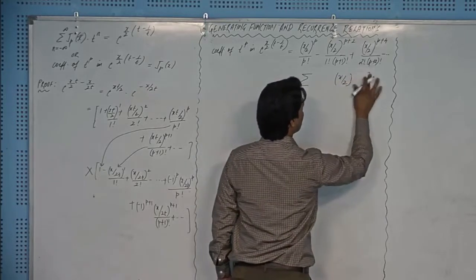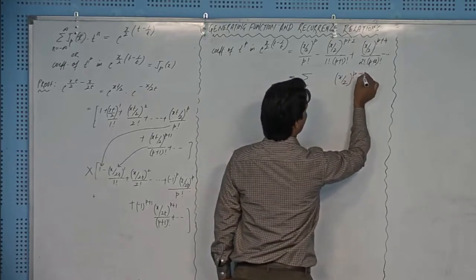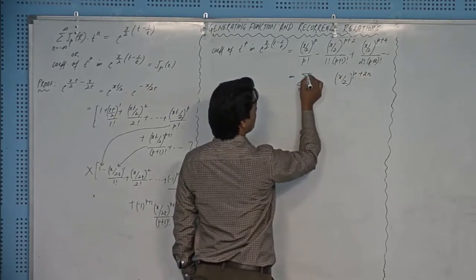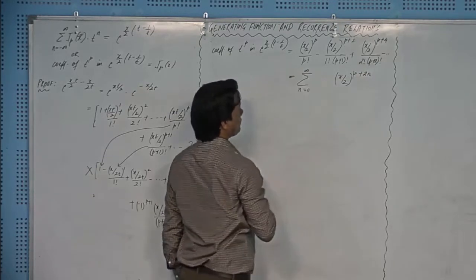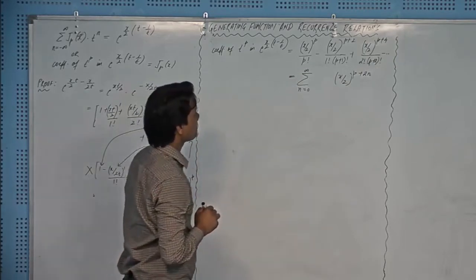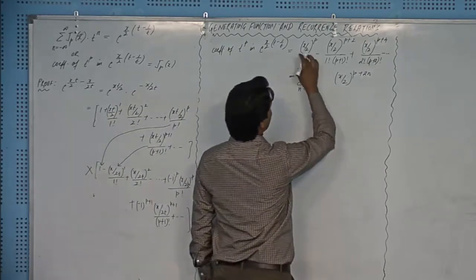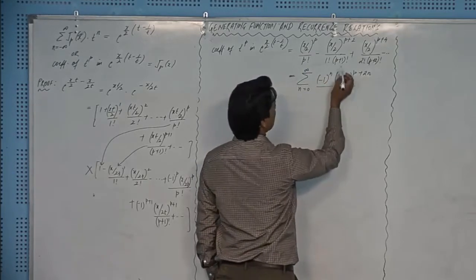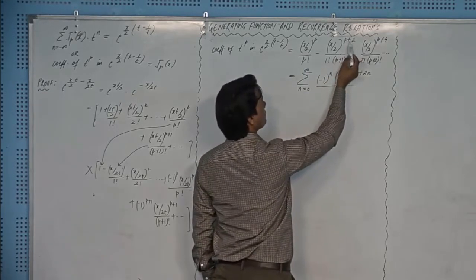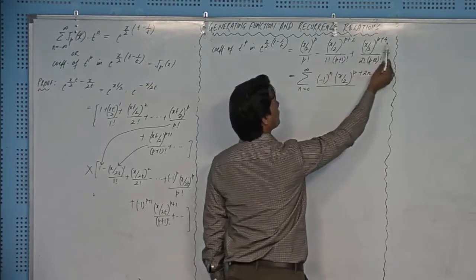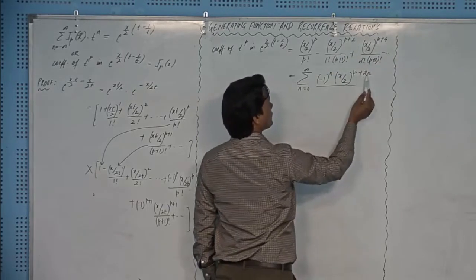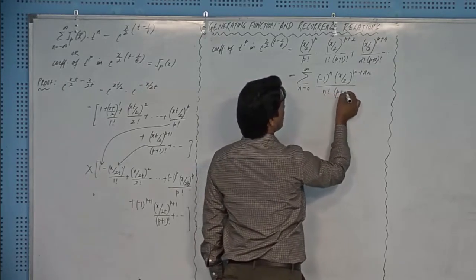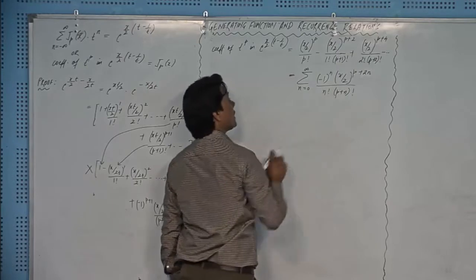No, sorry, p plus 2n, and n is starting from 0 to infinity, if I'm not wrong. Yes, right. And the sign is also fluctuating, and that will depend on minus 1 to the power n, right? Similarly, you have 2 into 1, that is 1 factorial, 2 into 2, that is 2 factorial, so here you will have n factorial and (p plus n) factorial. So this is a generalized term, right?